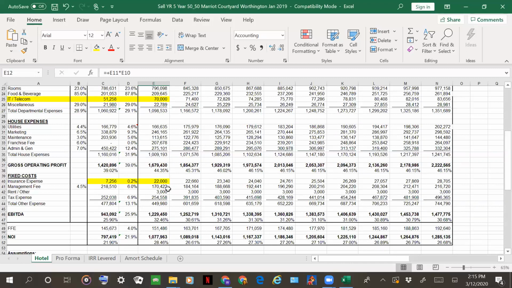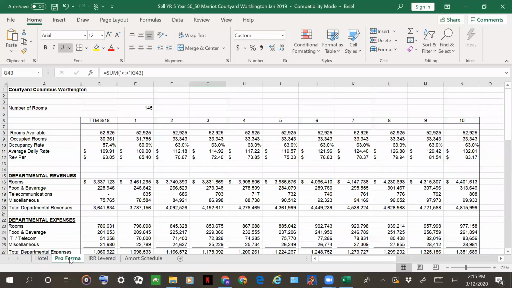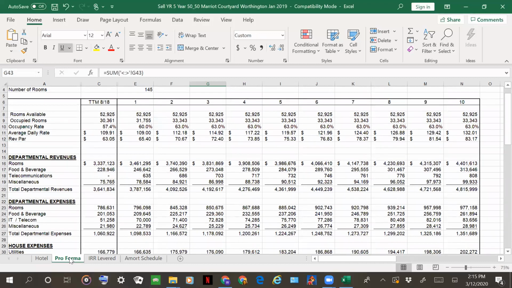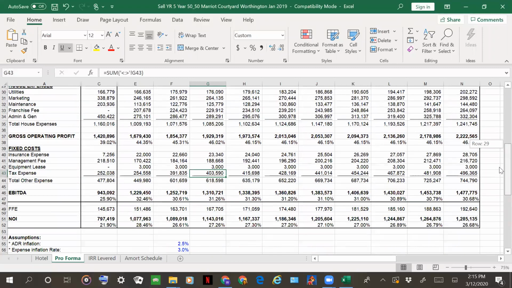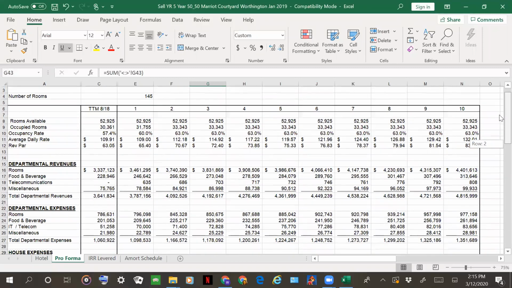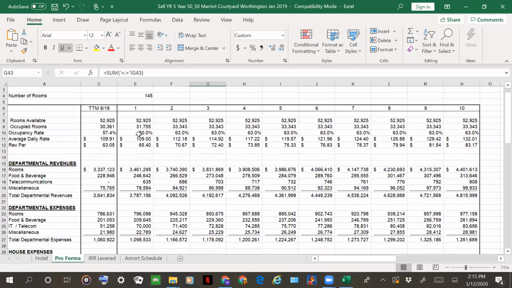All right, and you'll see that here. So right here on this spreadsheet, which is our hotel, but then it goes into a pro forma, and it's the clean one. And as you can see, it has a clean version of everything, right? And so on here, this is the trailing 12 when they ran it. Again, this is year 1, 2, 3, 4, 5, all the way to 10 when we project it.